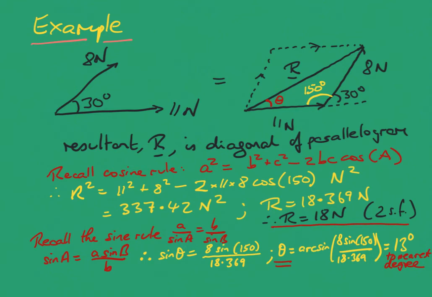That sort of check, that visualization based upon a diagram, helps give us confidence in what we're doing and helps us spot potential errors. So to solve this problem, we've used both the cosine rule and the sine rule, and with them we were able to obtain the resultant force. On the next slide, I'm going to give you an exercise to calculate.